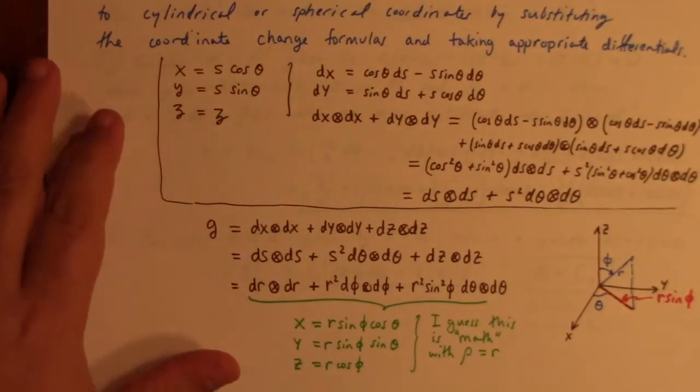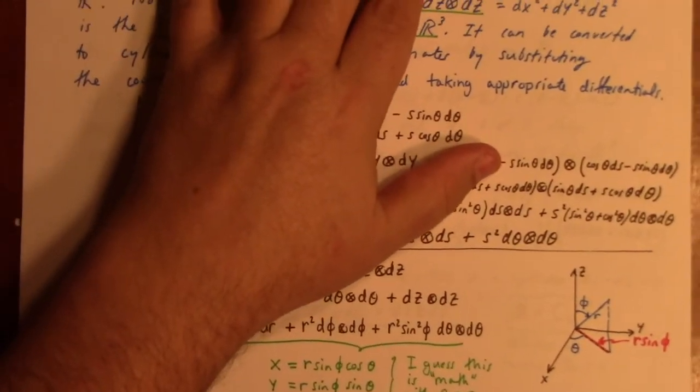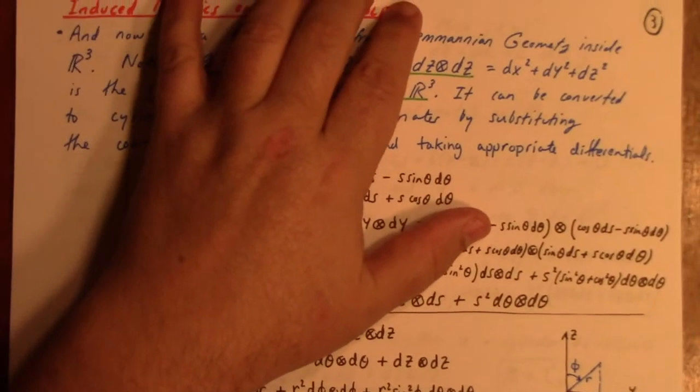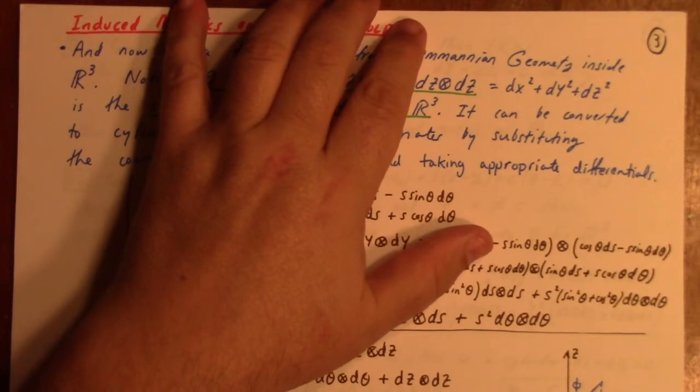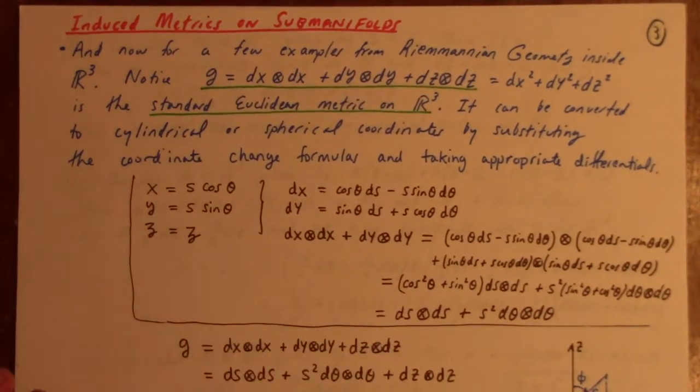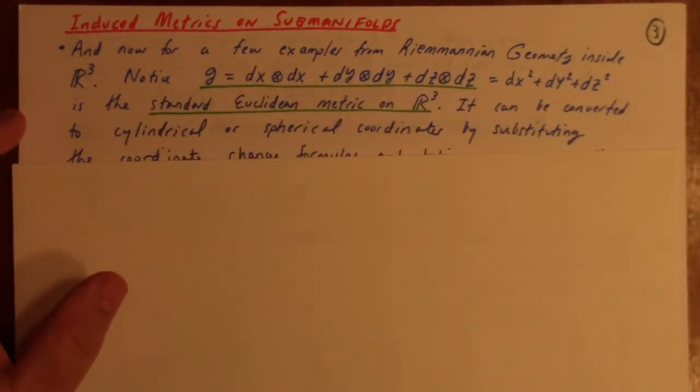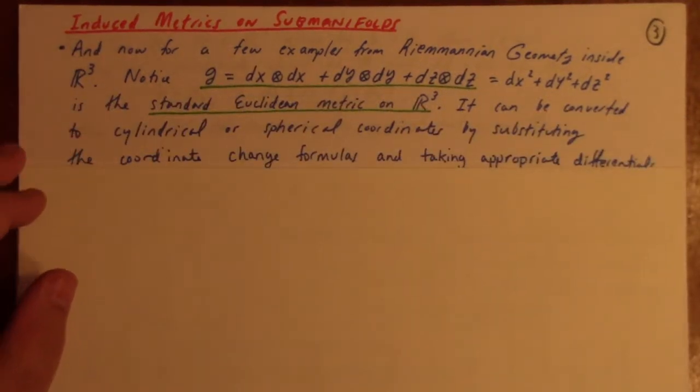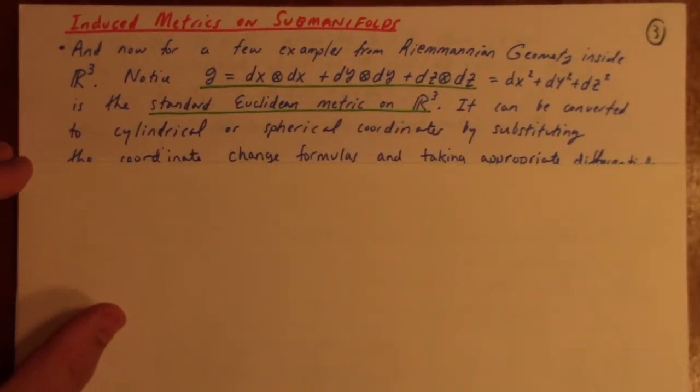So let's talk about some induced metrics on submanifolds. So I guess one of the things I haven't written down, but it's worth mentioning, is that given a manifold and a Riemannian manifold, I suppose, you know what?